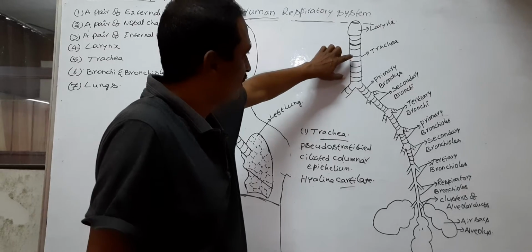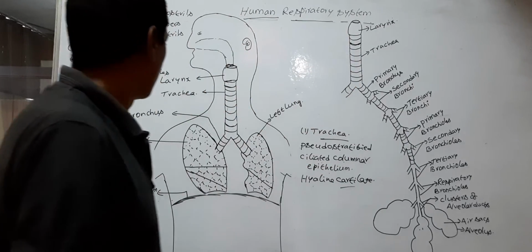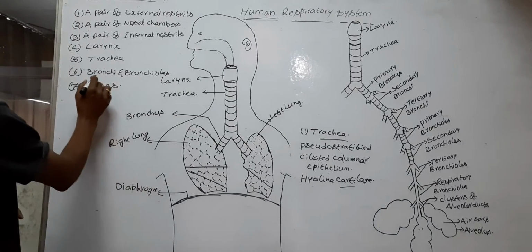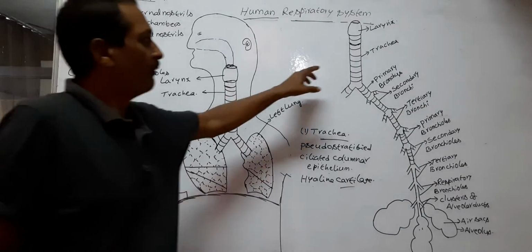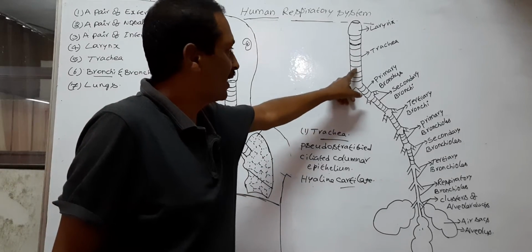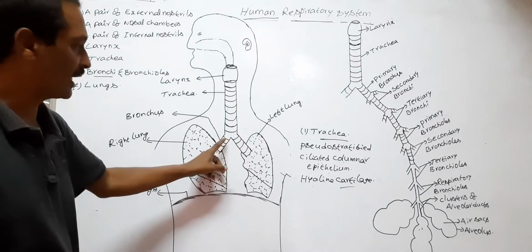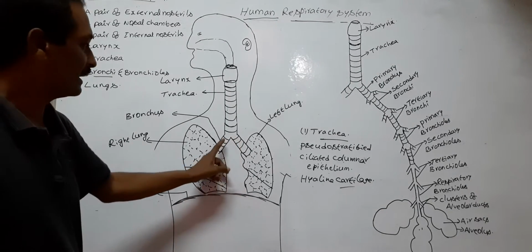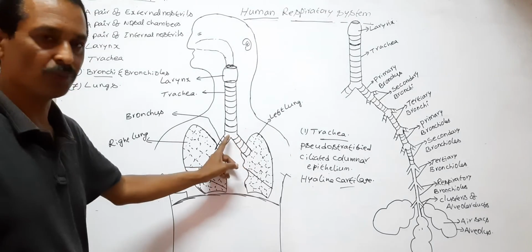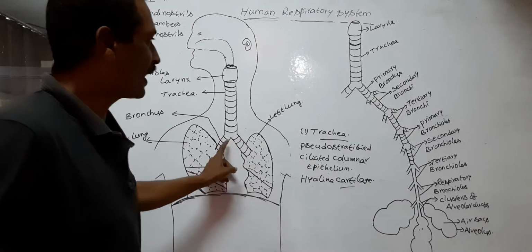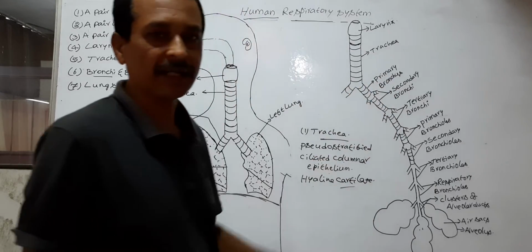Next, bronchi and bronchioles. When the trachea enters into the mid-thoracic cavity, it divides into two branches. These two branches are called primary bronchi.